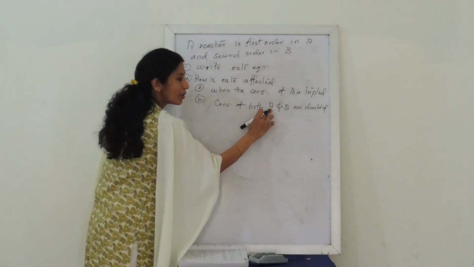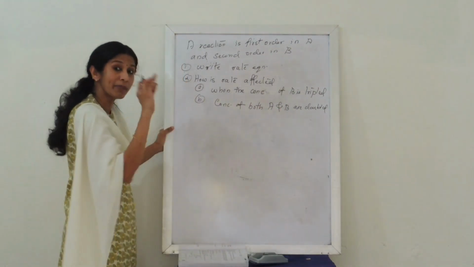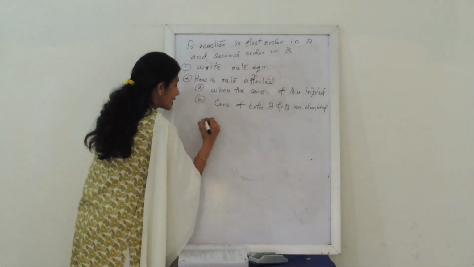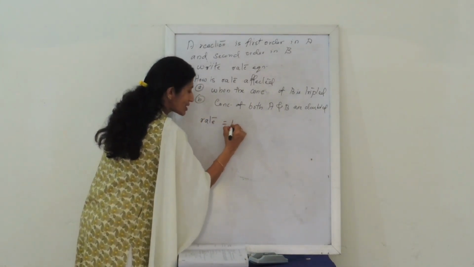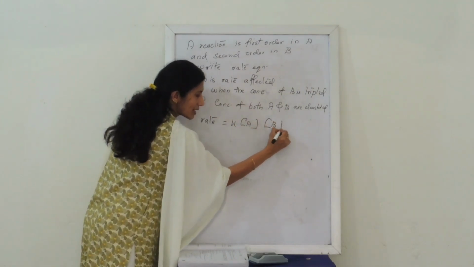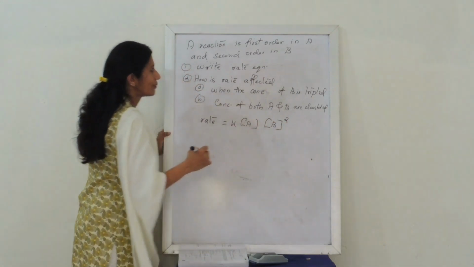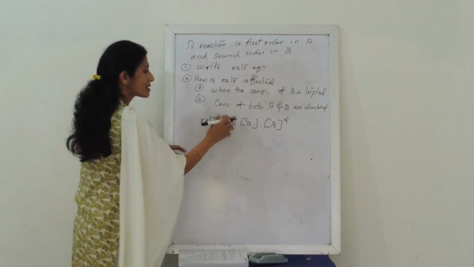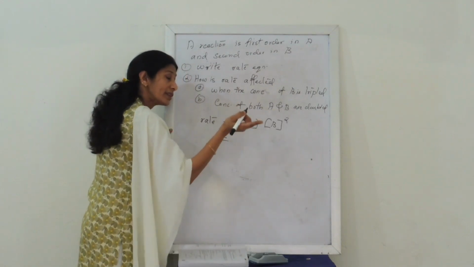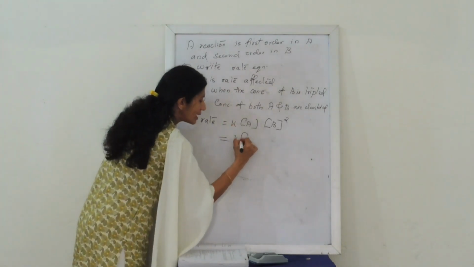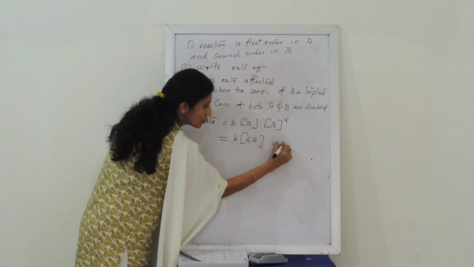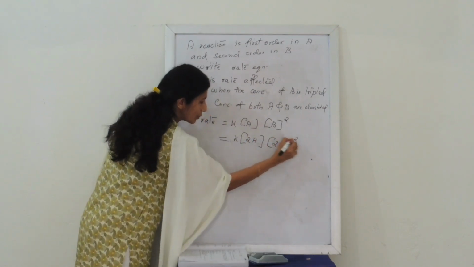The concentration of both A and B are double. A യും B യും double ആവും. അപ്പൊ എങ്ങനെ വരും? Rate is equal to എന്തായിരുന്നു നമ്മുടെ ഇക്വേഷൻ? K into concentration of A into the concentration of B to the power of 2. അല്ലെ? Second order B, first order A. Then A യും B യും ഡബിൾ ആവും. അപ്പൊ K into instead of A എന്നുള്ളതിന് പകരം 2A and here 2B to the power 2.